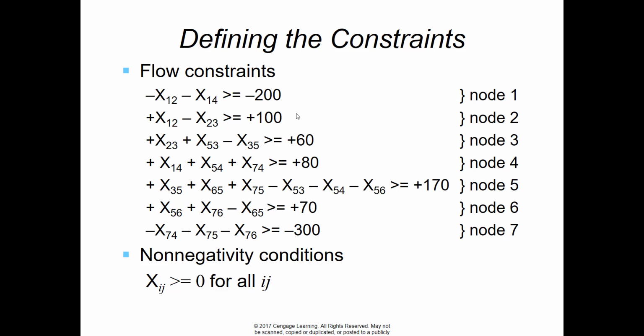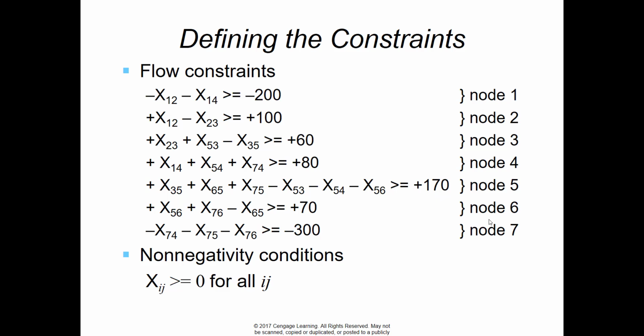As we just talked, the inflow is x35, x65 and x75. We add them up, and then the outflow is x53, x54 and x56, and we add them up and subtract from the inflow, and the result should be more than or equal to 170, which is the demand of this station.